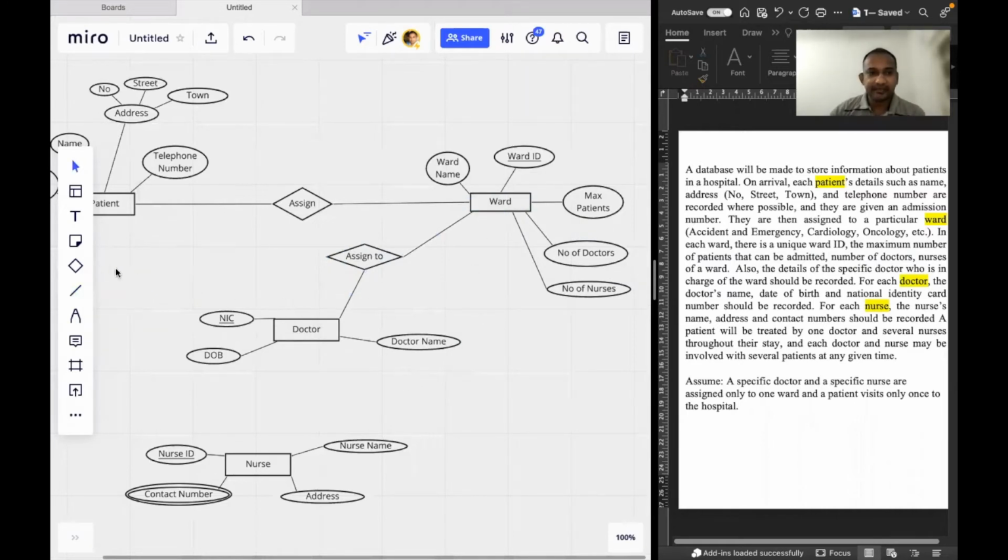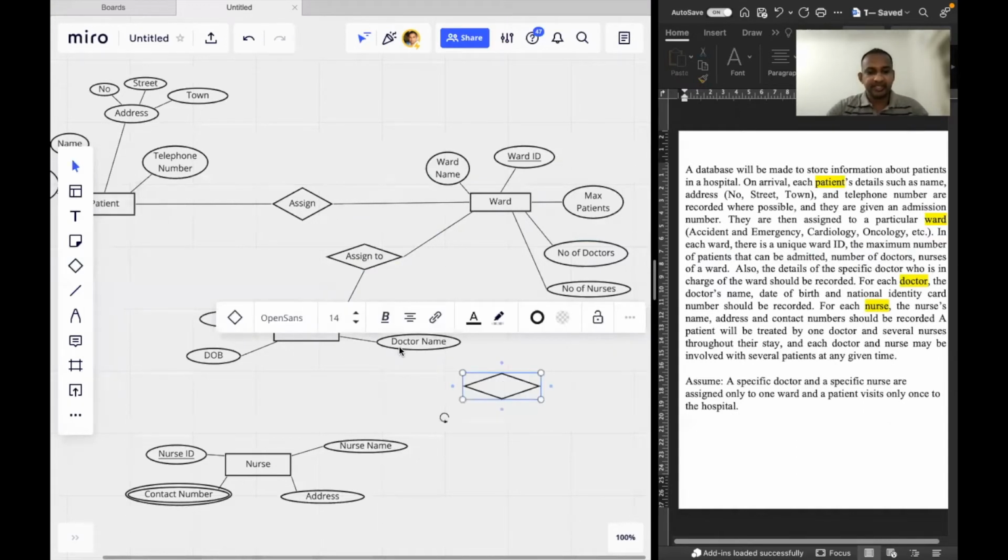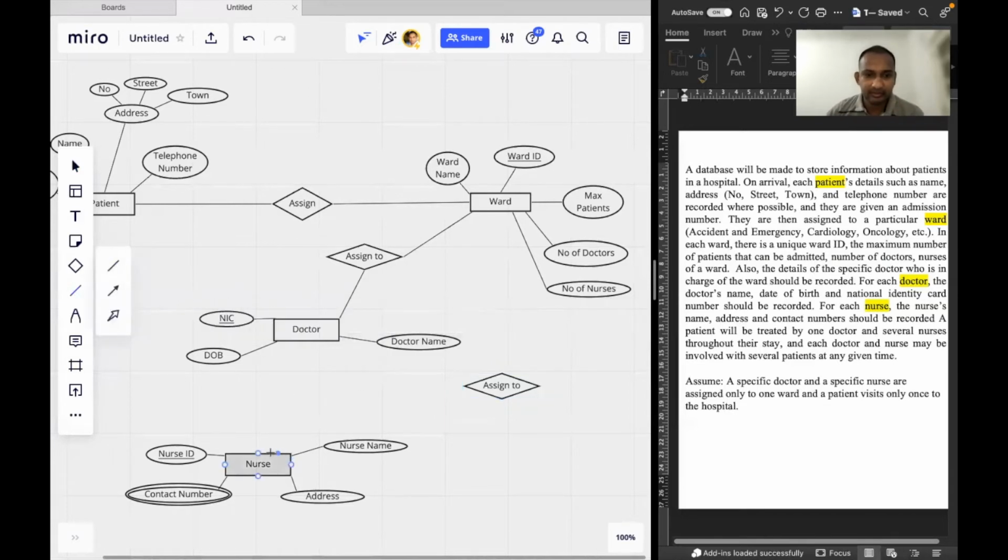As well as there is another one, again assigned to. Nurse assigned to a ward, doctor assigned to a ward.